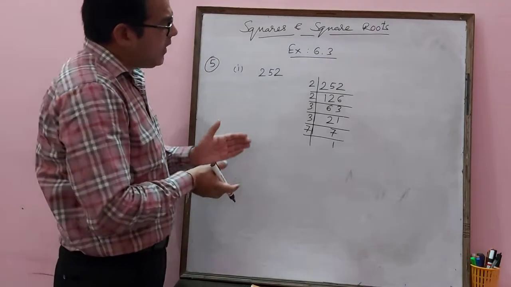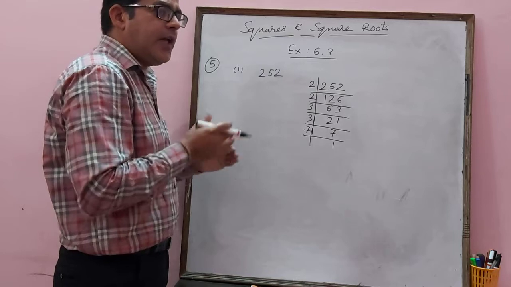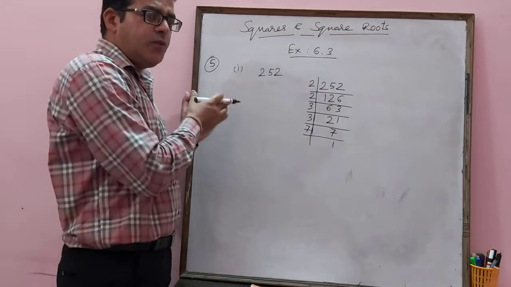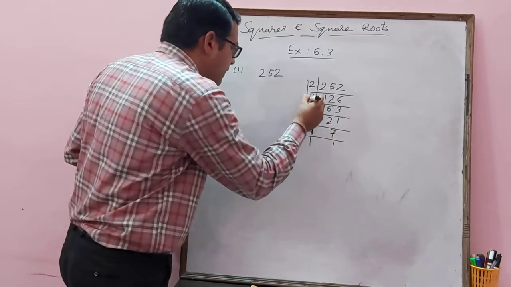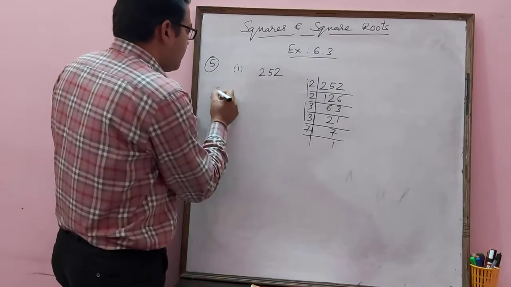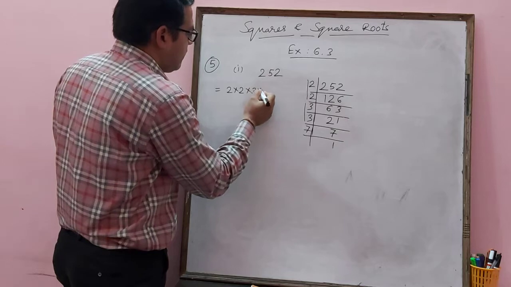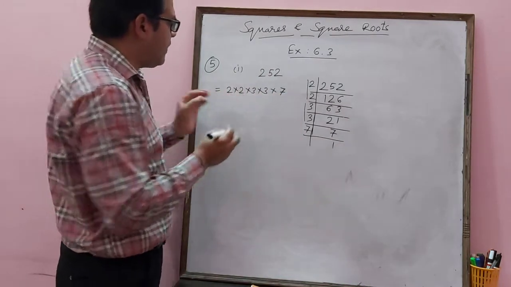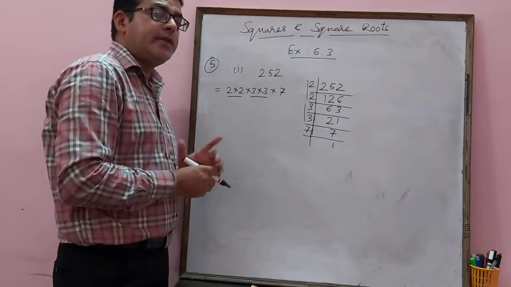So you can see here what is the rule to take the square root of the number. As we discussed in our previous video, we need to make pairs. Here we can see the prime factors of 252 are 2 times 2, 3 times 3, but 7 is alone here.